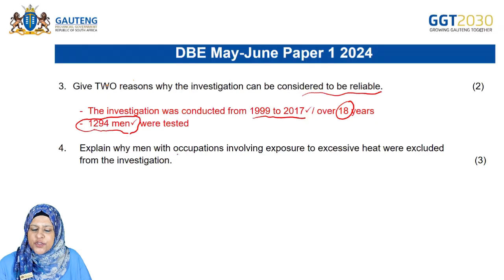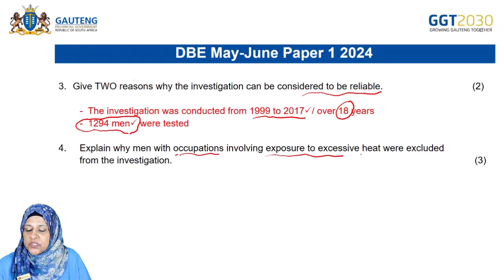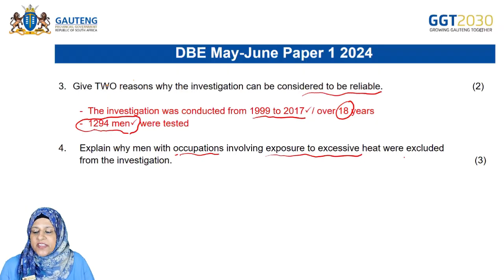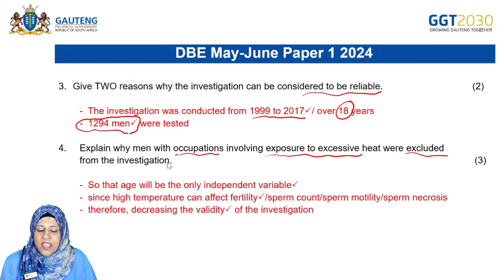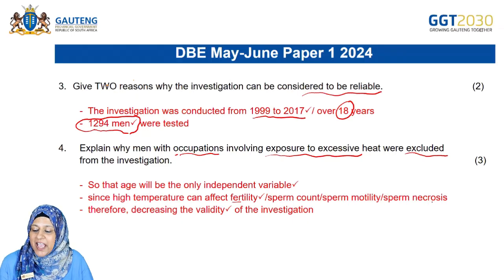Explain, why do you think men with occupations involving exposure to excessive heat were excluded from the investigation? Why do you think so? The age will be the only independent variable. High temperatures affect fertility, right? The sperm count, motility, and sperm necrosis are affected by high temperatures.